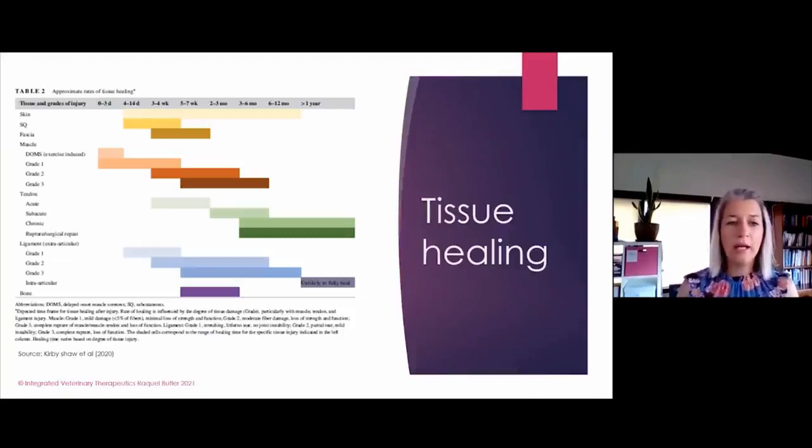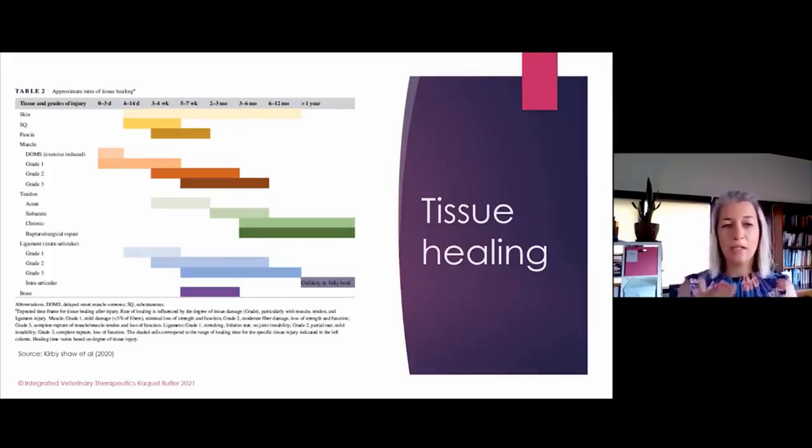So with the tissue healing, you can see here this graph shows the differences in the different tissues that have been affected and how long they may take to heal. And these tissue times will generally be improved with a really good rehab program targeted to that tissue.